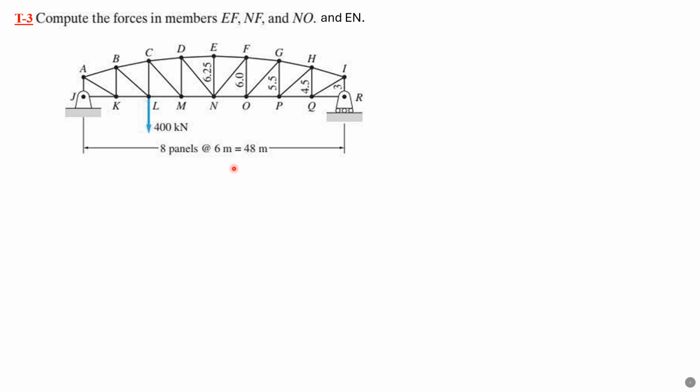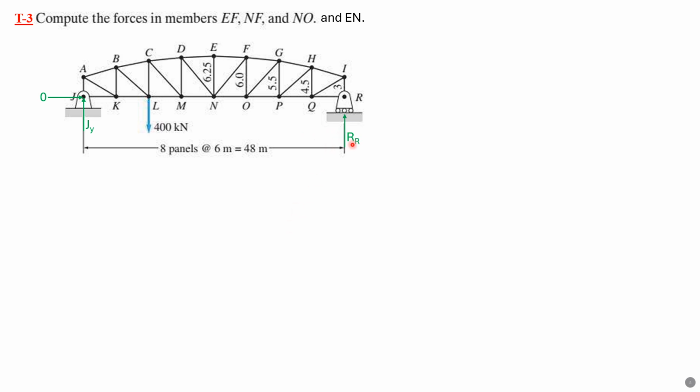So the shorter way to solve this problem would be by method of sections, although some members can be solved at a joint, but it is just by method of sections. So we introduce this section here, but we put the reaction components at J, horizontal and call the vertical component JY, here R sub R.